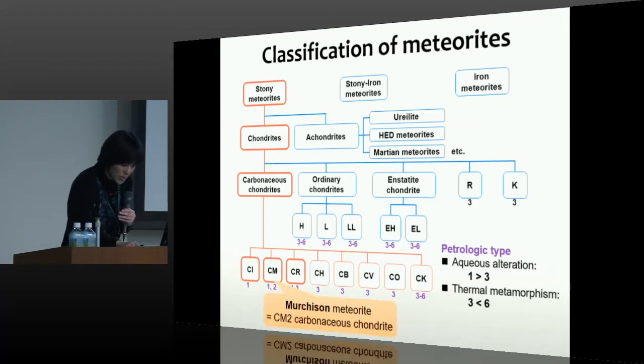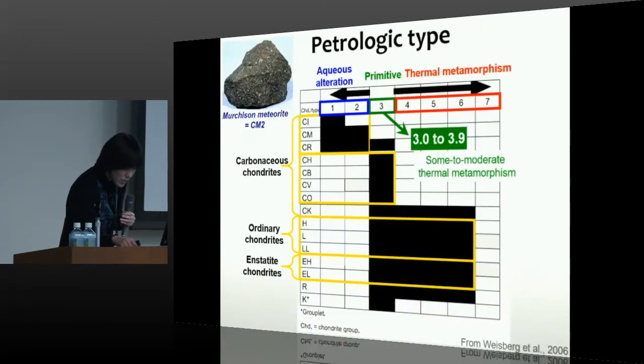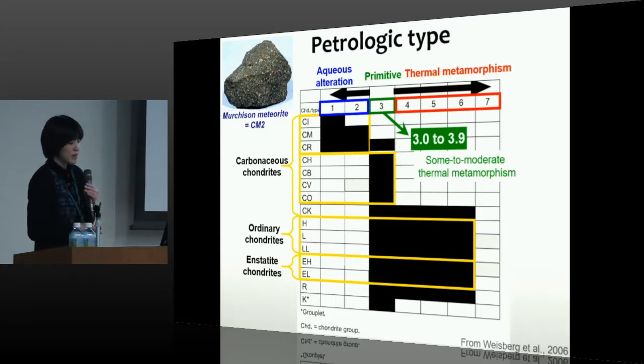So talking a little bit more, for example, the Murchison meteorite is called CM2 carbonaceous chondrite, a CM group with petrologic type 2. So I talk a little bit more about petrologic type. If you have experienced aqueous alteration, the petrologic type will be 1 or 2.